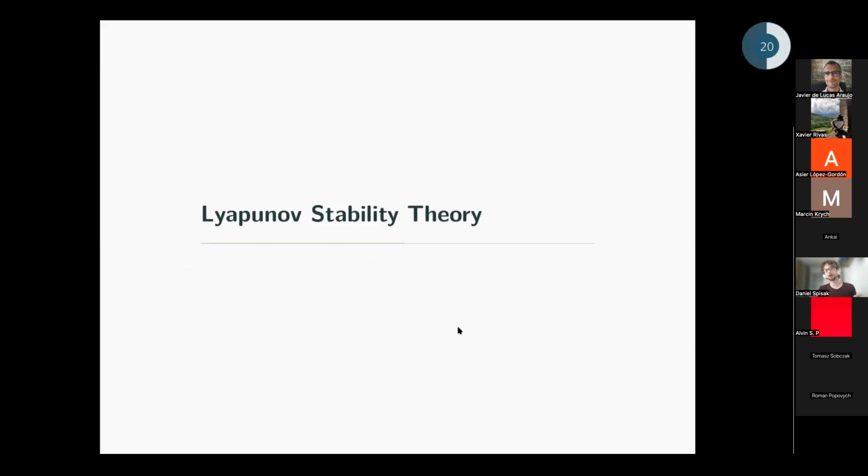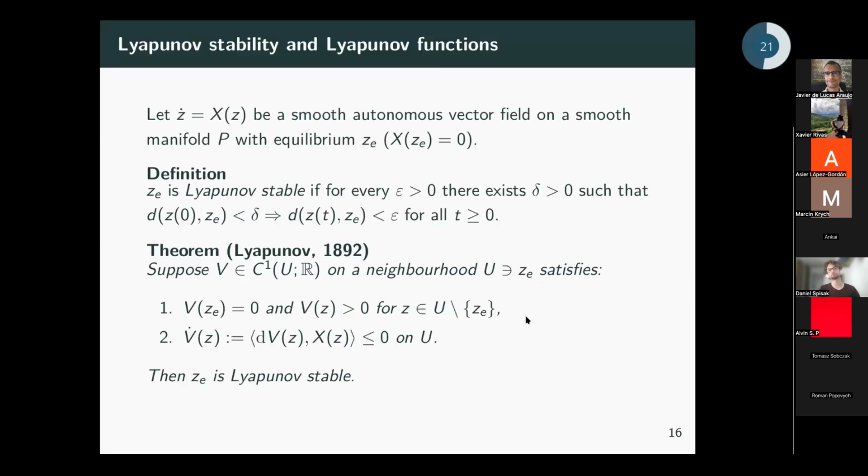So now we move on to the basics of Lyapunov stability theory. Consider an autonomous Hamiltonian system on a smooth manifold. It doesn't need to be Poisson, and with an equilibrium.